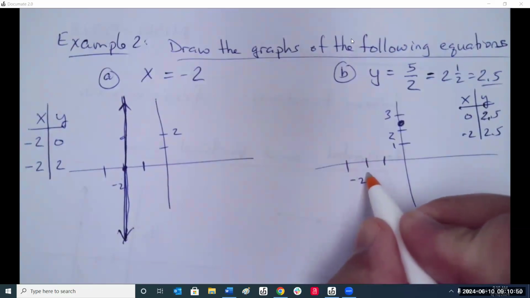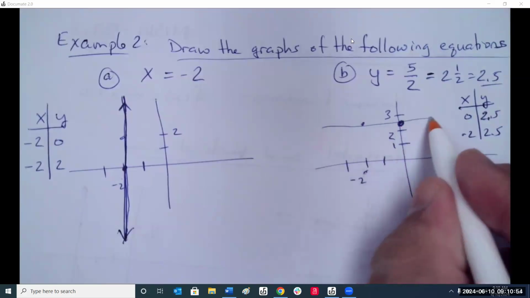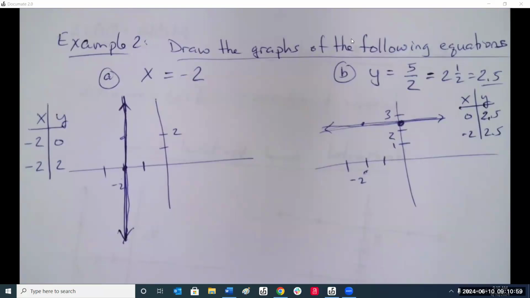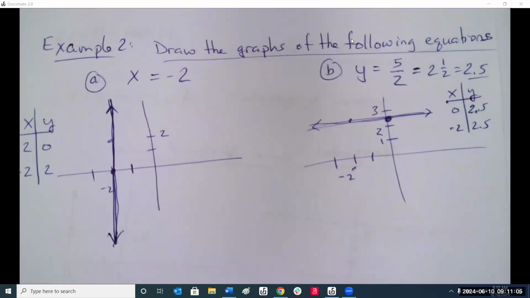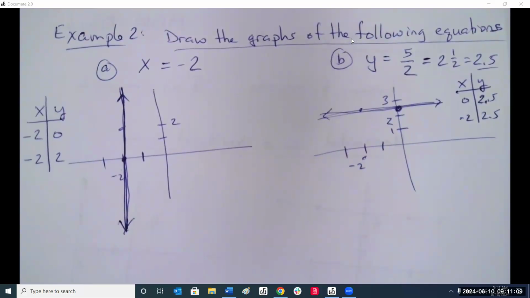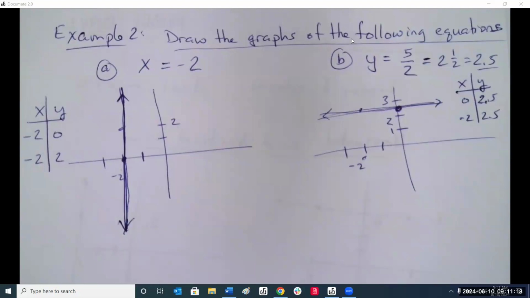At -2, it's 2.5. So it's a horizontal line. Which I should have also put on the bottom of the last page. If all your x's are -2, no matter what y you give me, it's always at -2.